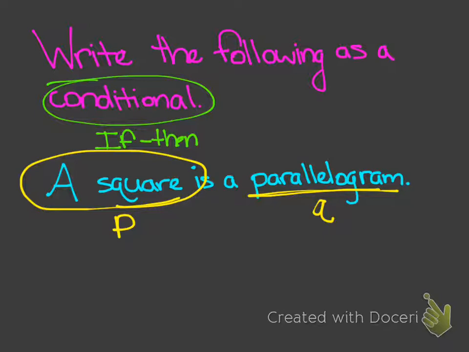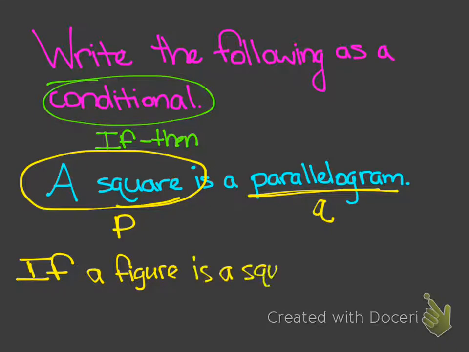So it would sound kind of funny if we just said, if a square, then a parallelogram. So we might need to add a little words just so it sounds good as a sentence. Okay? So how about if a figure is a square? Or you could say a shape is a square. So sometimes you may have to add a few words in there to make it sound good.